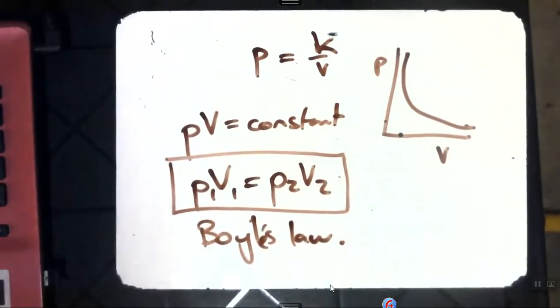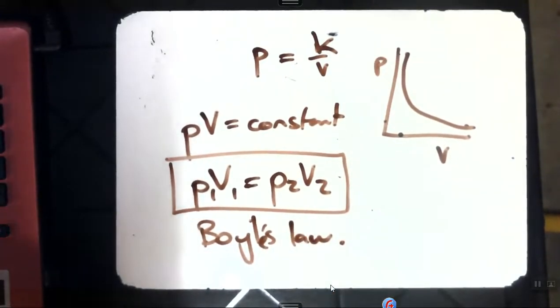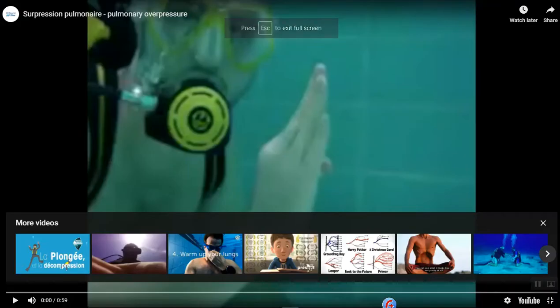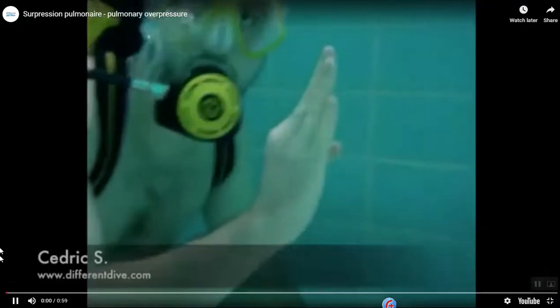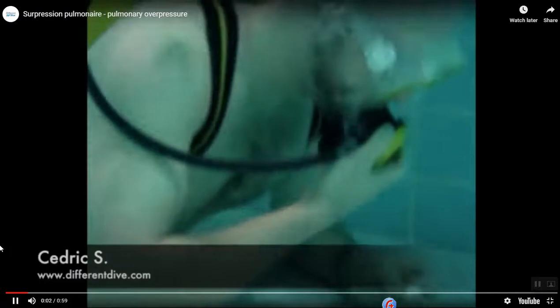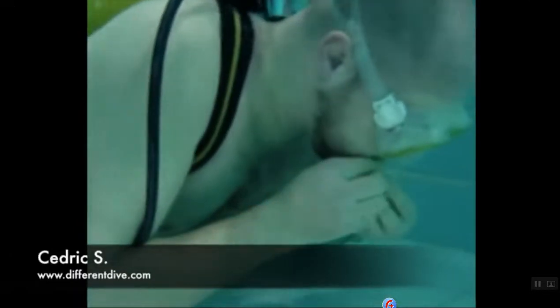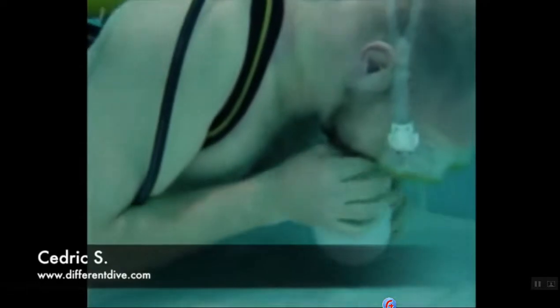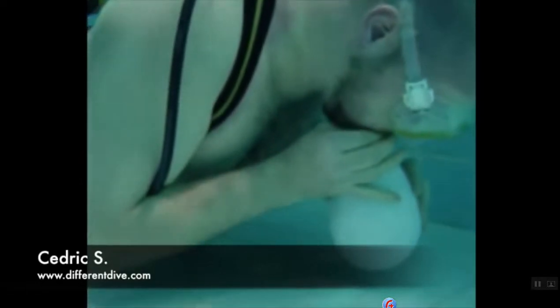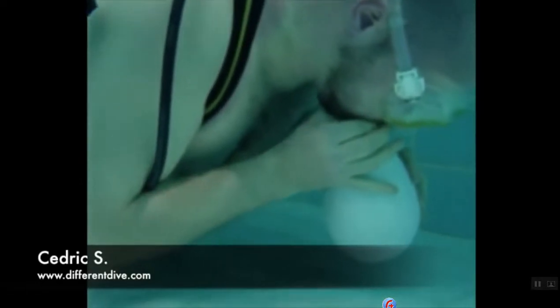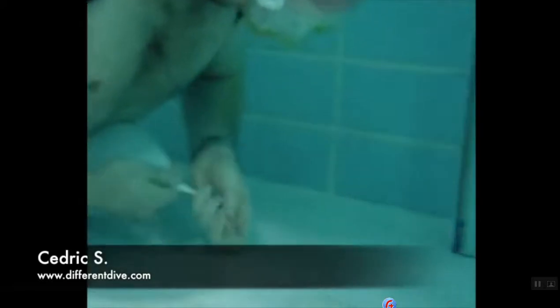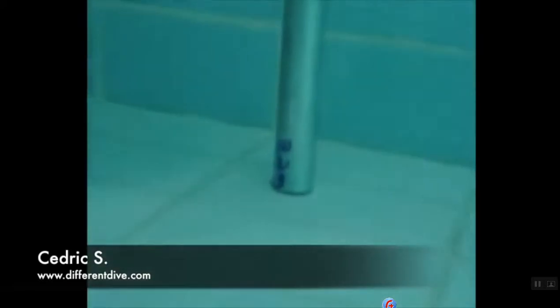Okay, so that is the first relationship. Let's look at an example. In this example, we'll be watching what happens if you blow a balloon under the water and you rise to the top. What happens to the volume? Remember, there's a lot of pressure underwater. As you go higher, the pressure decreases.